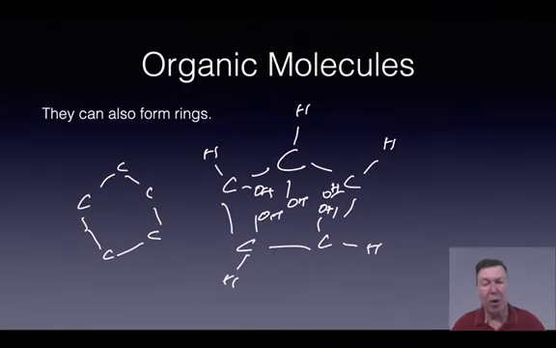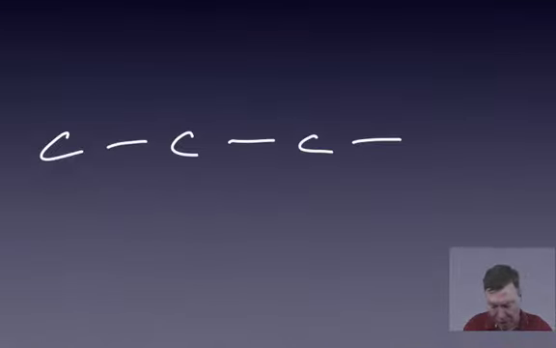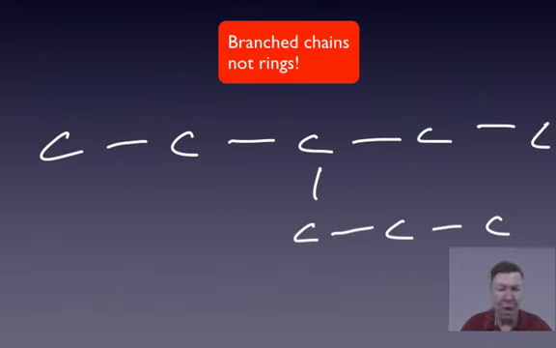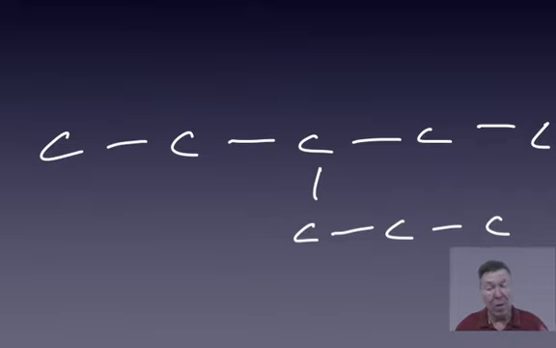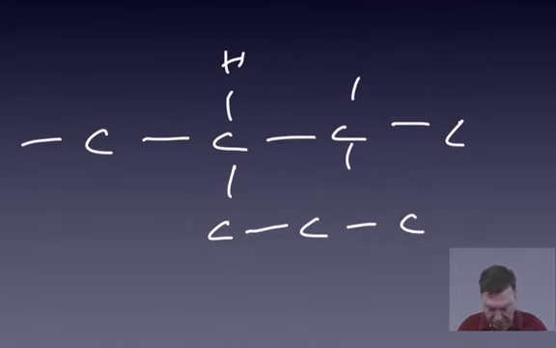So we can make long chains, or we can make rings, or we can make branch chains. Same thing, except instead of all hydrogen, maybe this one's connected to another carbon. Every one of those carbons would have at least 1 or 2 more atoms attached to it. Like this one right here would only have 1, but this one would have 2, and this carbon here would actually have 3.